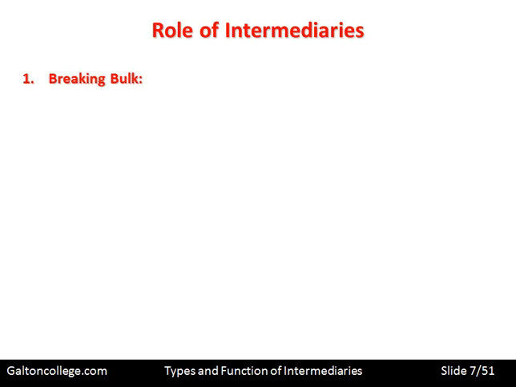So for example, a warehouse may buy a large number of items from a given producer and then break up that consignment into smaller units and sell those smaller units to retailers.